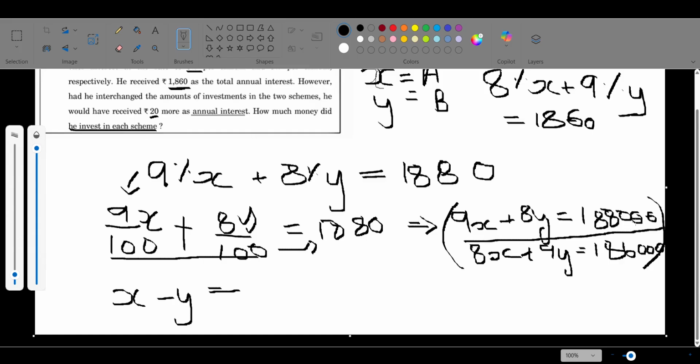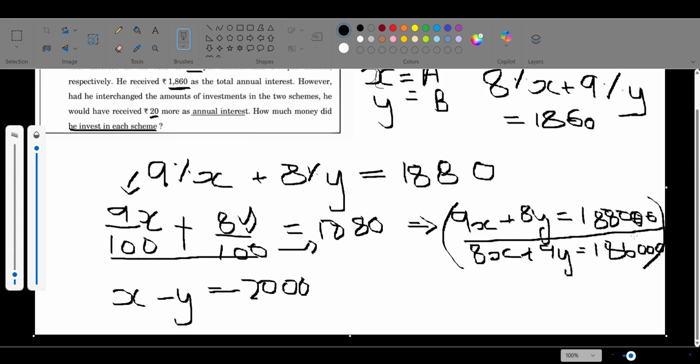The first one is 1880 and 1860, so if you subtract this, you get 2000. So x minus y equals 2000. This is the smaller equation, and the second one is 17x plus 17y equal to 374000.